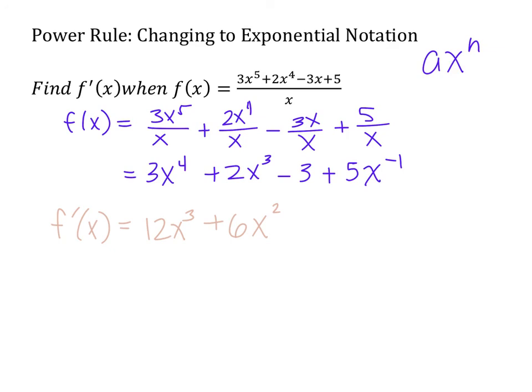And then 5x to the negative 1, multiplied by negative 1, so we have negative 5x raised to negative 1 minus 1, which is negative 2. Maybe you don't like negative exponents, so the equivalent is 4x cubed plus 6x squared minus 5 over x squared.